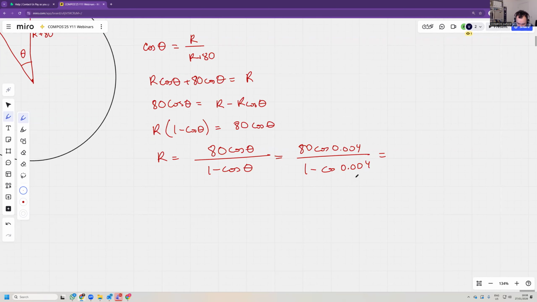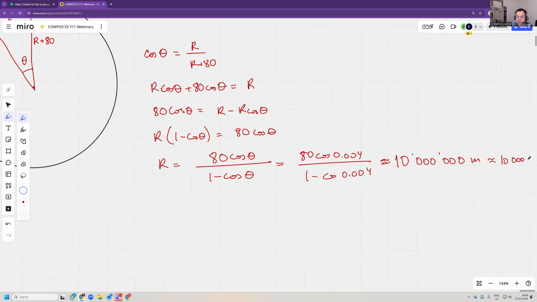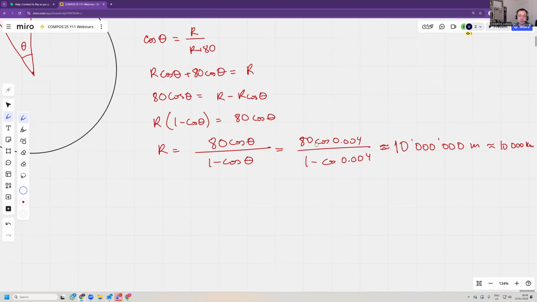Oh no, it's 10 million meters. So it's approximately 10 million meters, which is about 10,000 kilometers. That's the radius of the planet.